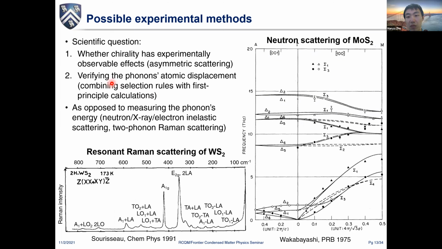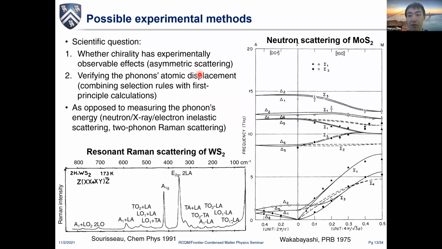The second goal would be to verify that atoms are doing rotation. Of course, we do not directly see atoms, right? But by means of selection rules, say polarized photon scattering or polarized neutron scattering, and comparing them with first-principles calculations, we can visualize how the atoms move.